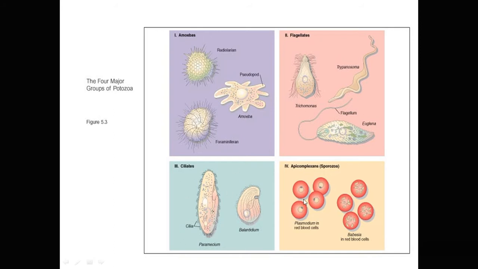Especially rich with parasites are flagellated protozoans, for example Trichomonas, Trypanosoma, Leishmania. To sporozoa belongs the parasite that causes malaria. We'll discuss parasites from the group of amoeba, and among ciliates we have just one important parasite, Balantidium coli.